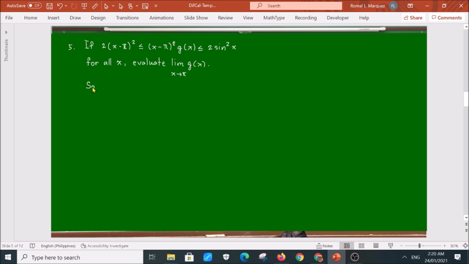Solution. We're given 2 (x minus pi) quantity squared is less than or equal to (x minus pi) quantity squared times g of x, and that is less than or equal to 2 sine squared x.